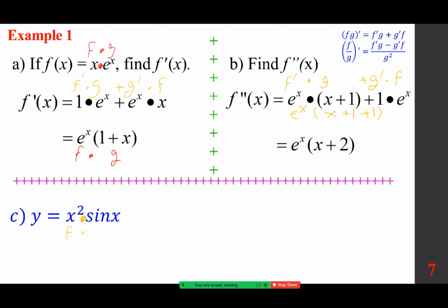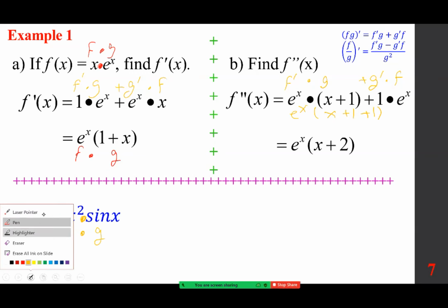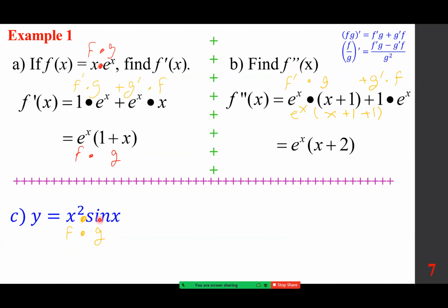I'm going to show this as f times g. So I need f prime, which is 2x, times g, which is sine x, plus g prime, the derivative of sine is cosine x, times f, which is x squared.